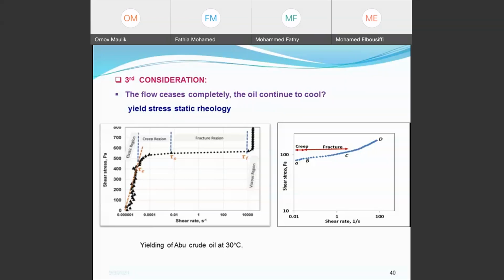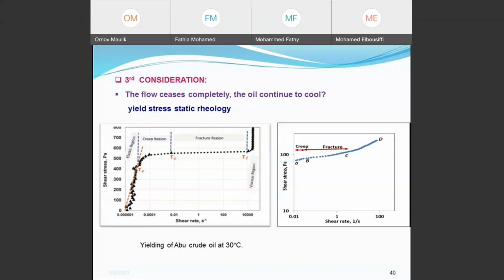The advances in technology enable us to closely trace the three regions in the yielding process: first the elastic, then creep and fracture region, finally reaching the viscous region at which flow commences. In the elastic region the gel is solid and the applied stress is not enough to break it. By increasing the stress, the gel starts to creep or stretch.